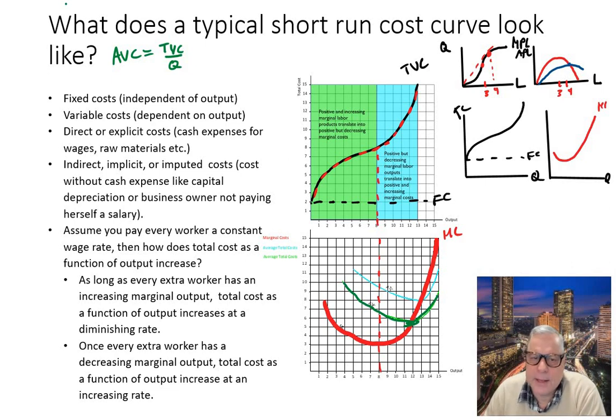So again, let's assume we have point A. Let's say point A is here. This is point A. So then the total variable cost is this distance, and the total output at this point is this distance.